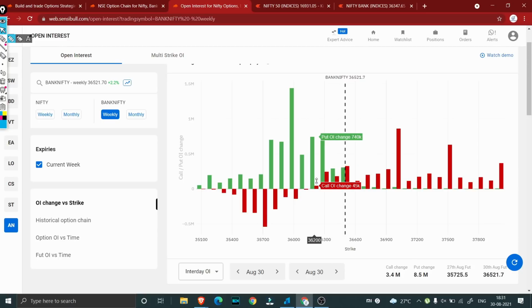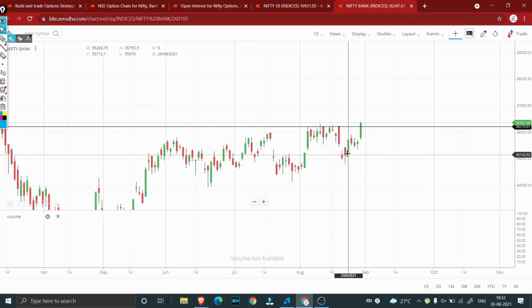And even at 36,200 there is not much writing happening, whereas on the put side you can see even at 36,300 there is some very strong put writing happening, suggesting a very positive sentiment for Bank Nifty. If it is able to sustain 36,300 for this particular week, then we can expect a huge up move in the coming days. The moment it breaks 36,000, again it will be a cause of concern, because this will again turn out to be some very strong resistance.